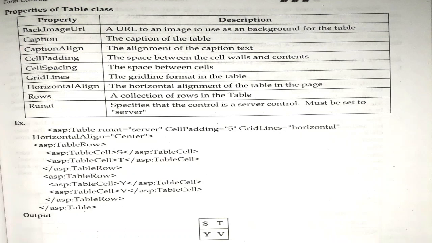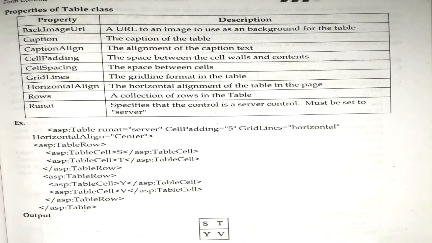And then I have just given the example, that is asp:table. Runat is the default property. CellPadding we have used. GridLines is horizontal, and HorizontalAlign equal to center. So all the content in the table will display in the center only. And in the example we have two rows, asp:TableRow. In the first row we have S and T, so these are the columns.